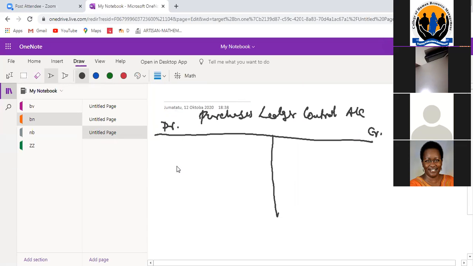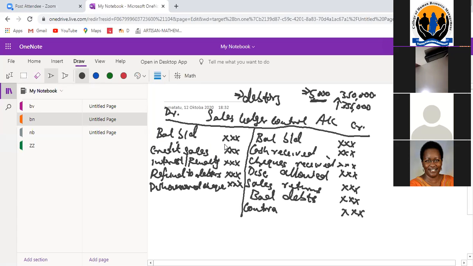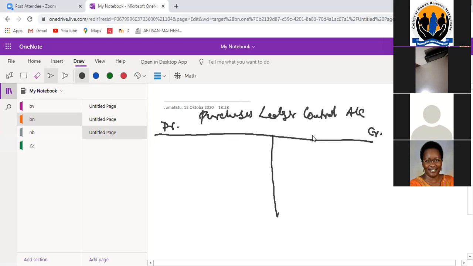You realize that these items that were appearing on the debit side are now going to go on the credit side of the purchases ledger control account. Items that increase the amount of money that we are supposed to pay to creditors. Remember, this one is meant to confirm the creditors' amount. So anything that is going to increase the amount that we are supposed to pay the creditors is supposed to be recorded on this side.